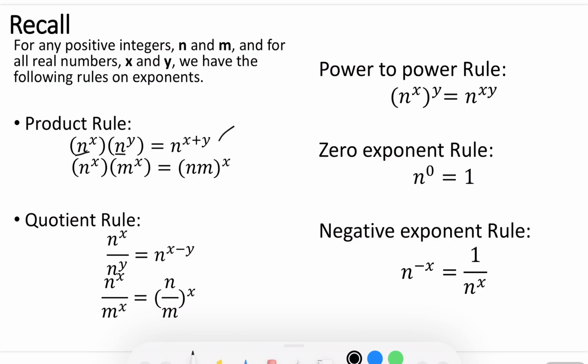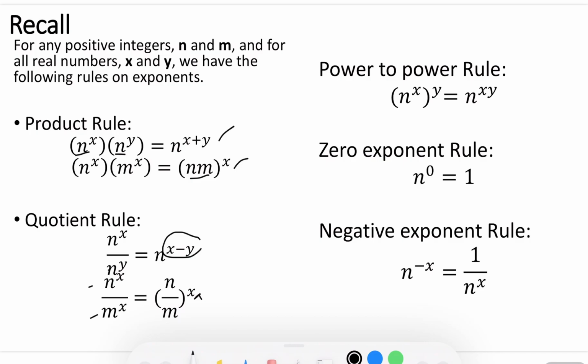But if they have the same exponent but different bases, we can just multiply the bases and copy the common exponent. For the quotient, if they have the same base, then we subtract their exponents. And again, if they have the same exponent but different bases, just copy the exponent.